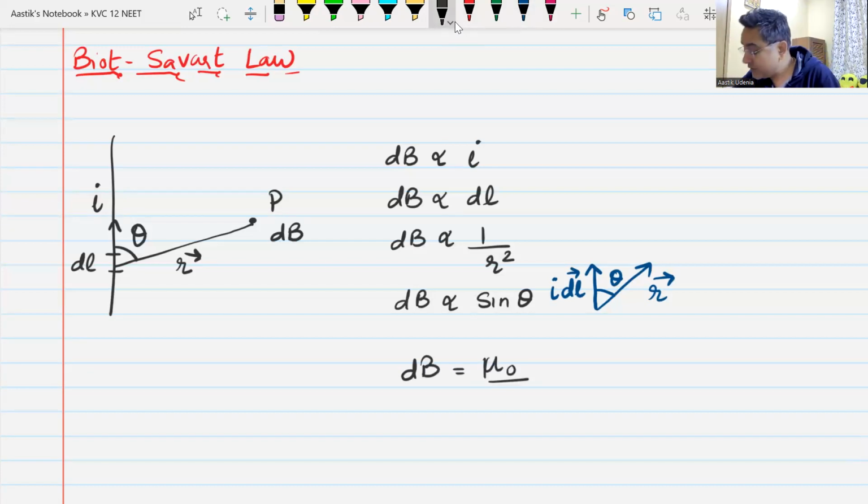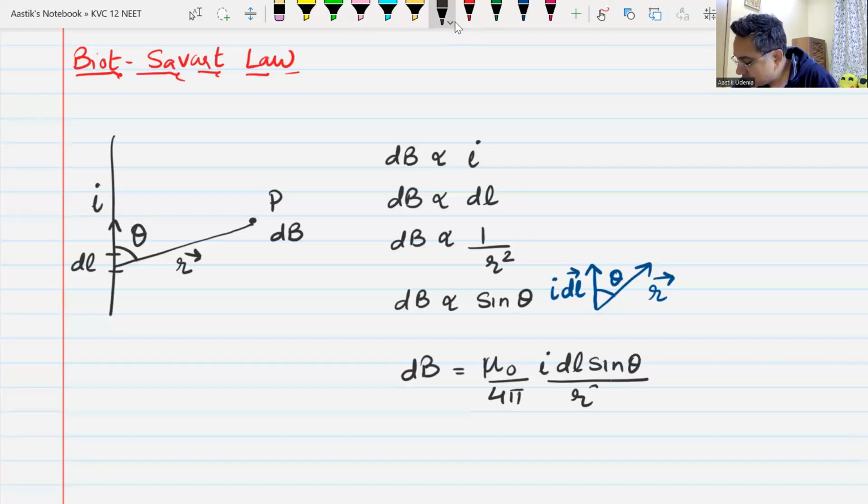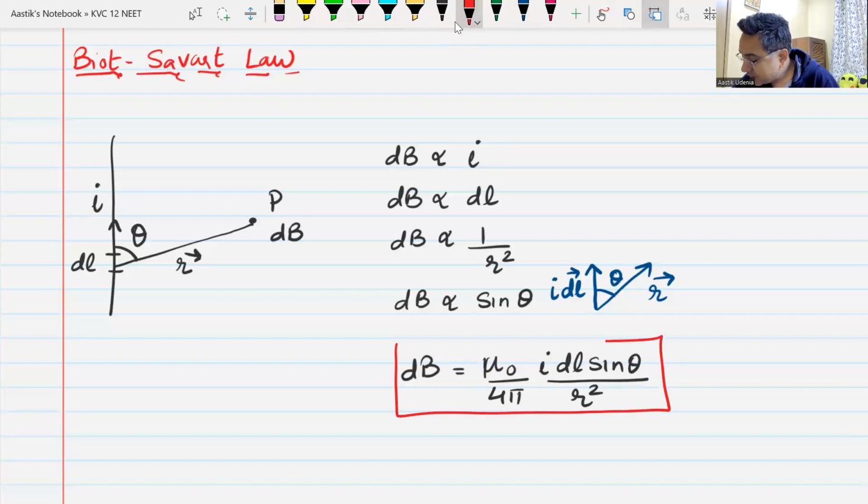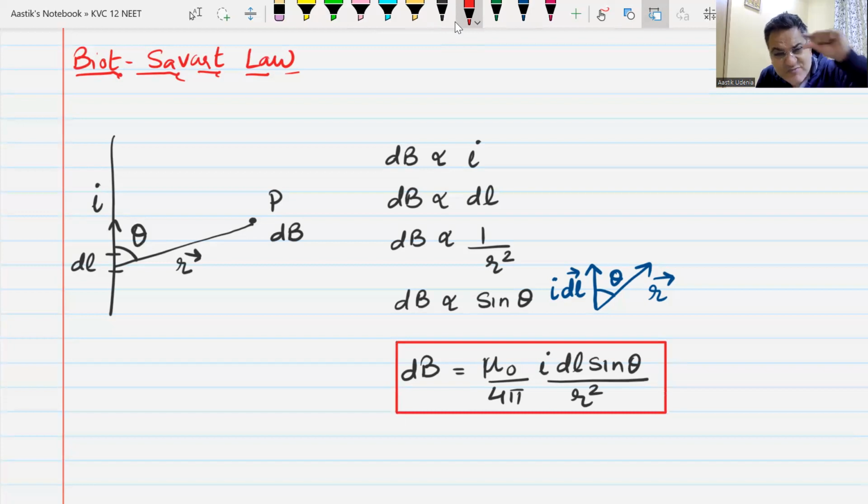Now is the time that I'm going to tell you. dB equals mu naught by 4 pi, I dl sine theta divided by r squared. That becomes the formula for the magnetic field created by a small current carrying wire or a small current carrying element. Mu naught by 4 pi I dl sine theta by r squared. This becomes my original formula.